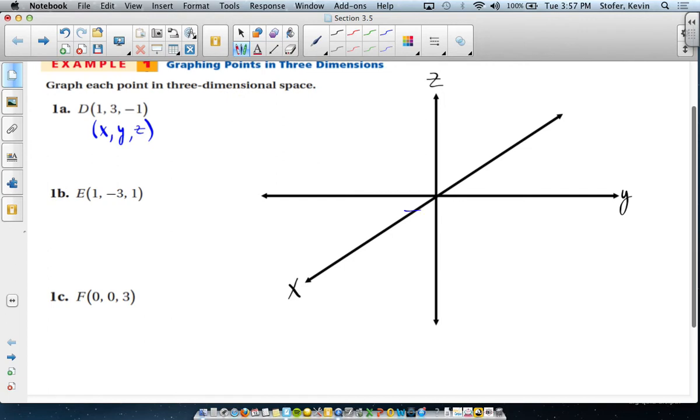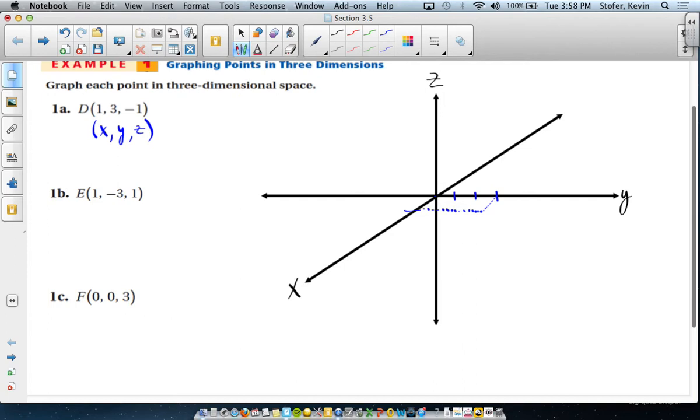So about there. Going back to the origin now, I'm going to count over 3 spaces. 1, 2, 3. And I'm just eyeballing what those tick marks are. And I'm going to try to draw kind of a dotted line like so, kind of to give the illusion that I'm on that XY plane.